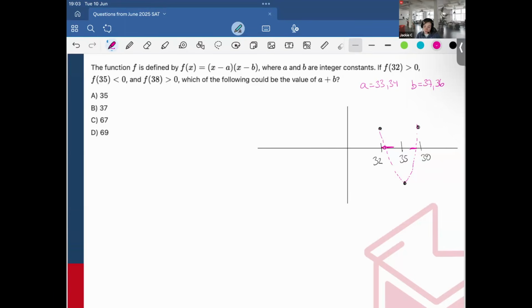And knowing that these are the two values, if I add those together, for example, like 33 plus 37, that's possible. That gives me 70, which isn't an answer choice, but if I do 33 plus 36, that gives me 69. And note it says could be, which is why there's multiple possibilities here, but the one that works is 69.